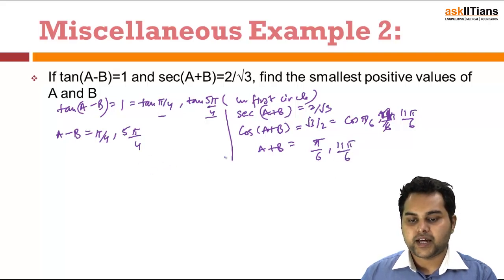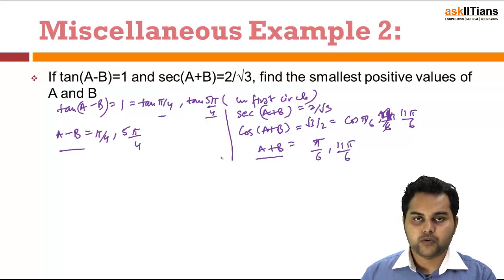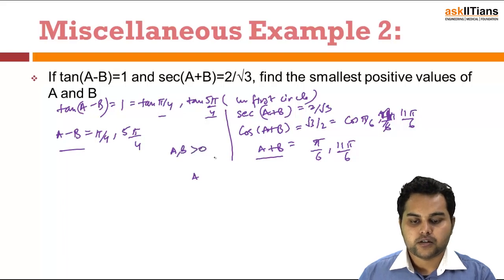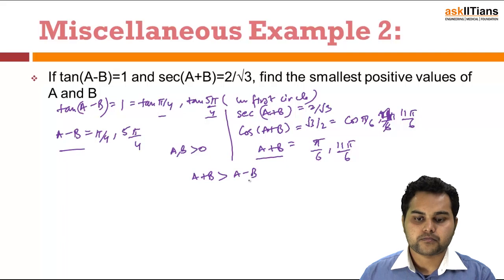Now if I compare that, I have two values, one of a minus b and one of a plus b. So for both the angles being positive, that's the basic property, a plus b would always be greater than a minus b, as they both are lying in the first circle. That's why this property is valid, and this property would again be valid then.